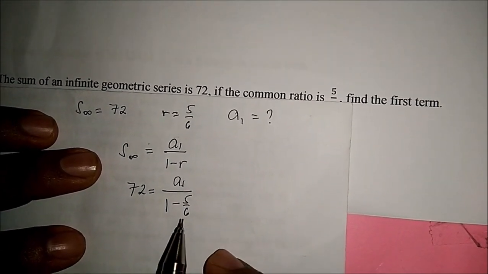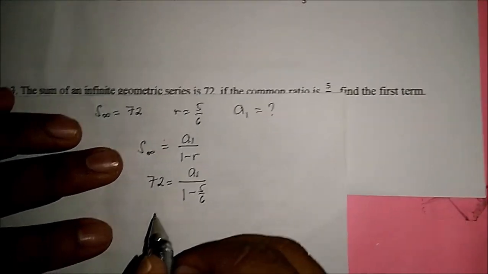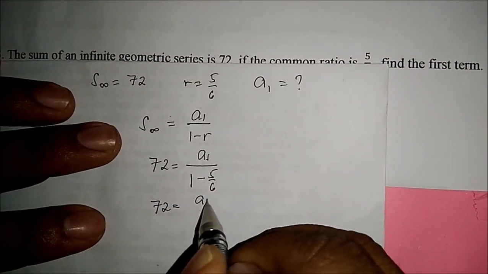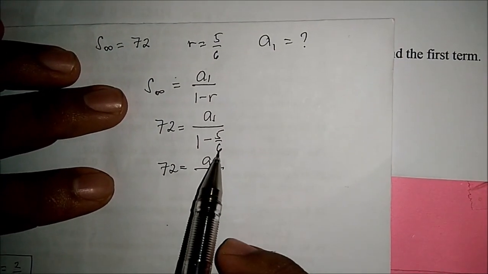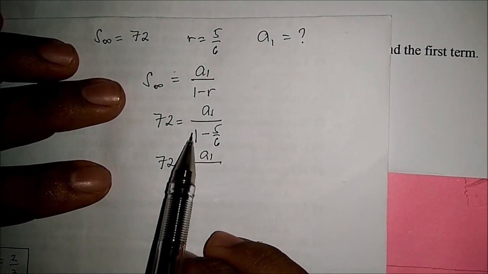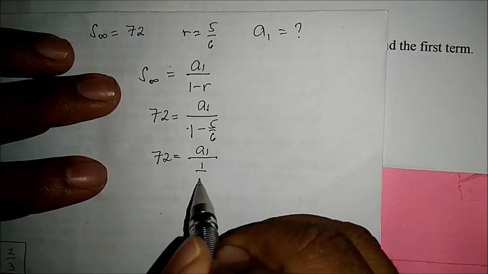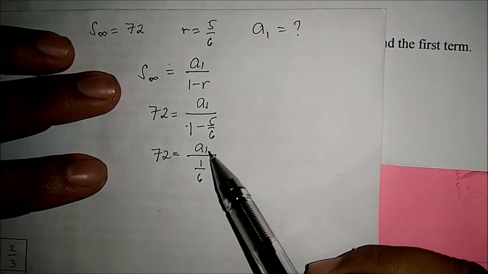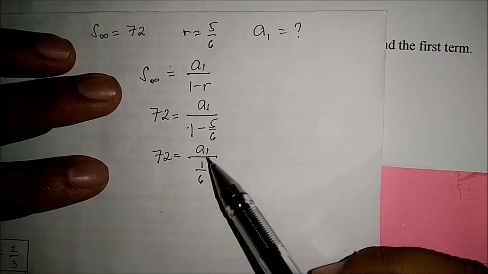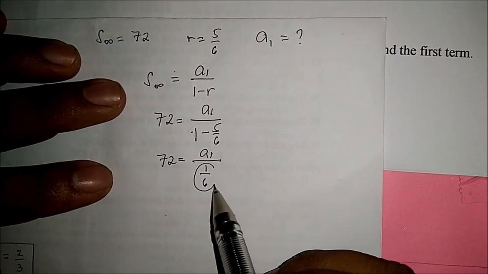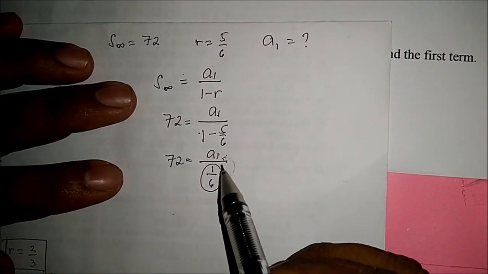We can simplify first the denominator. We have 72 is equal to a sub 1 over, remember the technique, 6 times 1 is 6, minus 5 is 1, over the denominator 6. When we are dividing fractions, remember to get the reciprocal of the denominator and multiply it to the numerator.